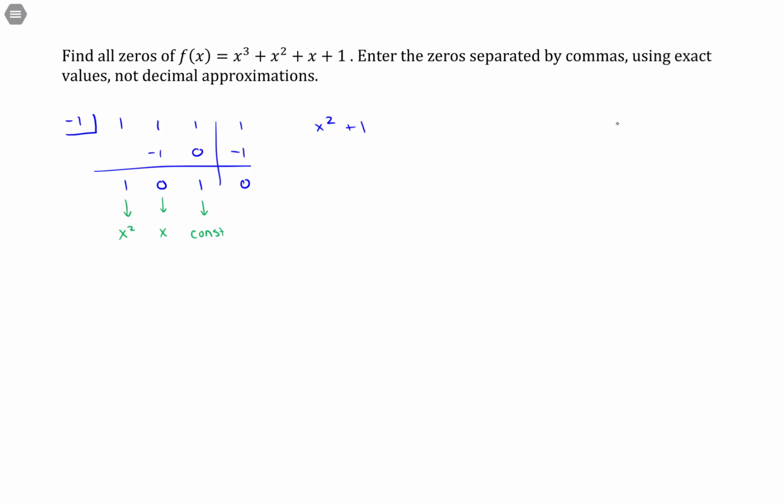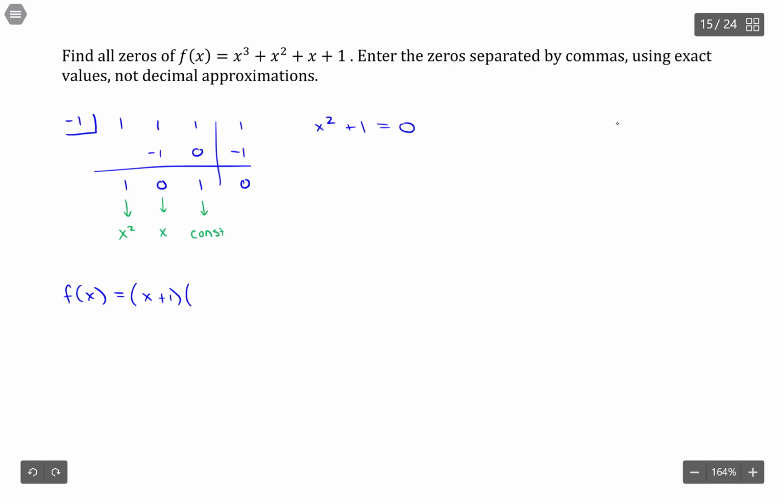So the remaining zeros come from the zeros of this quadratic. Because currently what my polynomial looks like is f of x equals the factor x plus 1 times the quadratic x squared plus 1. So the remaining zeros of f of x come from the zeros of this quadratic.